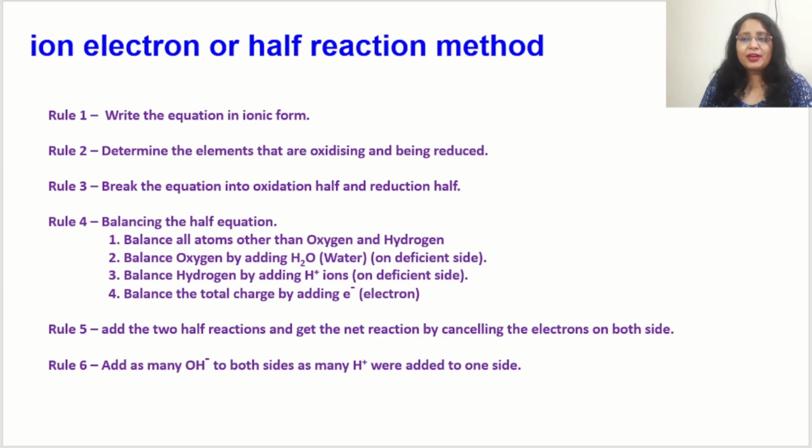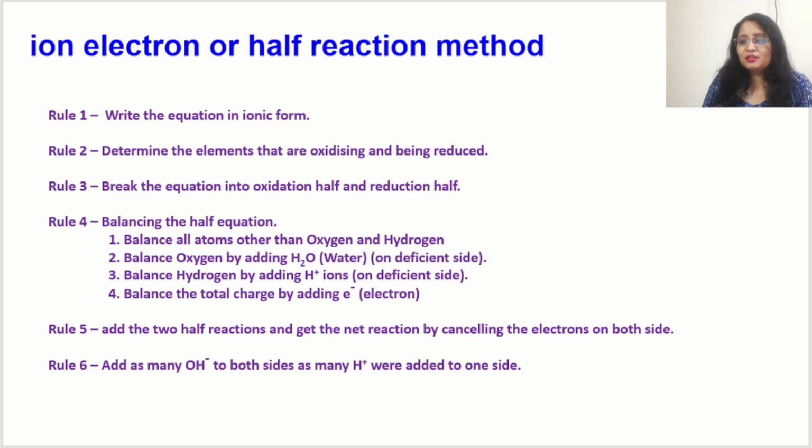Rule number 1, write the equation in ionic form. Rule number 2, determine the elements that are oxidizing and being reduced. How to determine? First we will get the oxidation state of the elements and we will see in which element the oxidation number is increasing and where the oxidation number is decreasing.